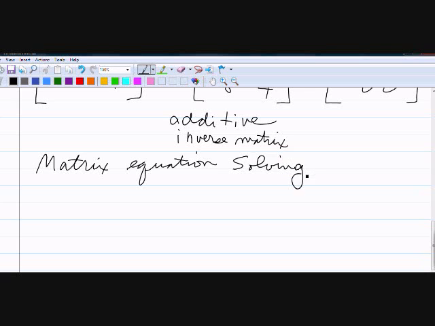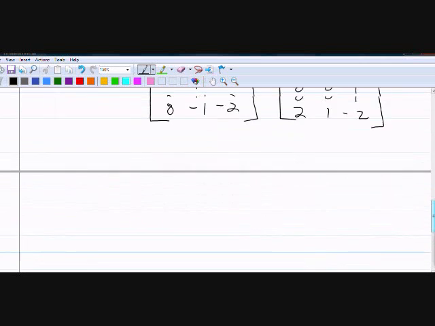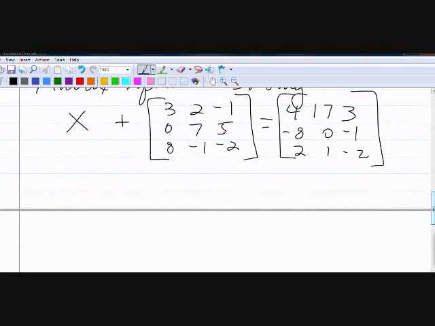So I'm going to have some matrix X. And when I add it to the matrix 3, 2, negative 1, 0, 7, 5, 8, negative 1, negative 2, I'm going to get the matrix 4, 17, 3, negative 8, 0, negative 1, 2, 1, negative 2. So let's see if we can figure out what matrix X is.